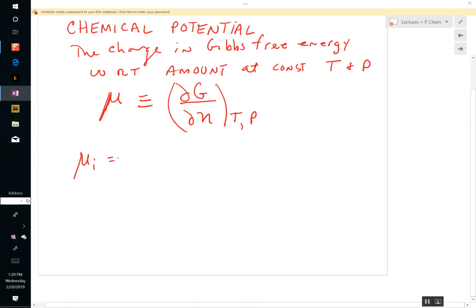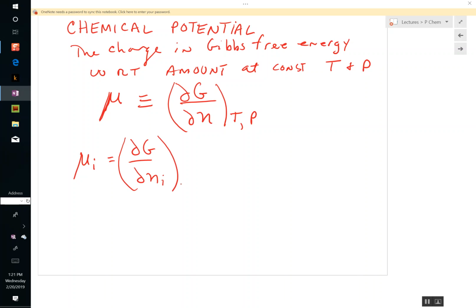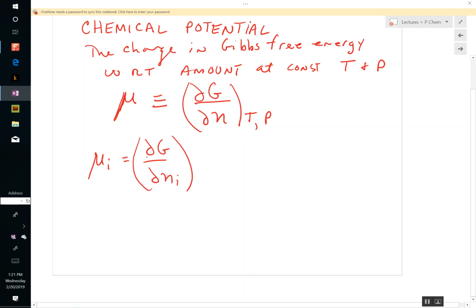And so we could have, with respect to any particular component of the system, its chemical potential would be the change in the Gibbs free energy with respect to a change in the amount of that material at constant temperature, pressure, and all other materials, n_j's.